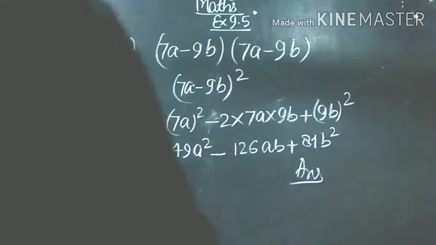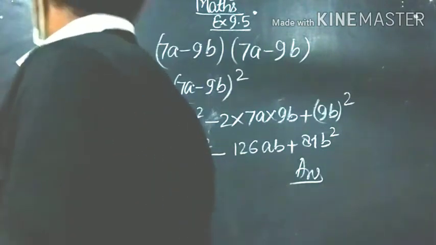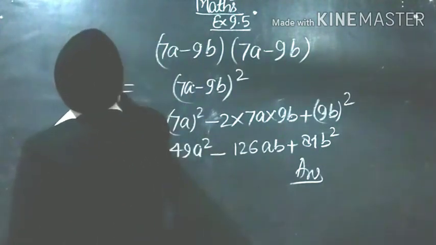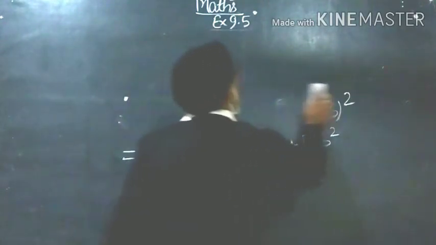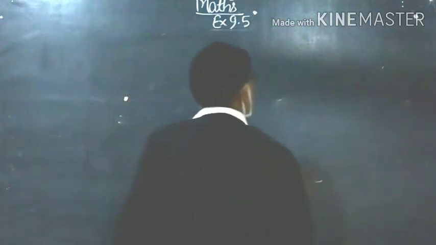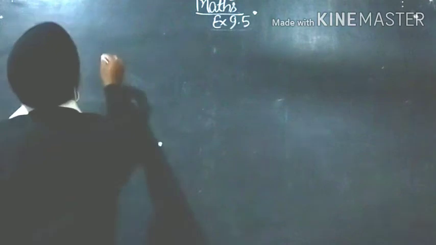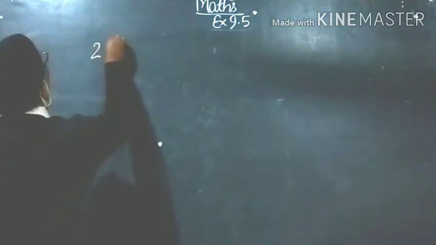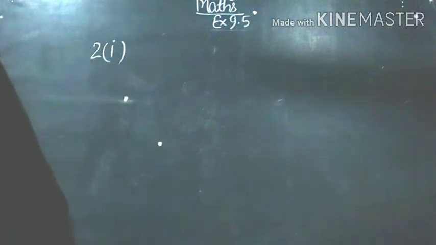Then I want to solve question number 2, first part. That is, first part is (x plus 3) into (x plus 7).